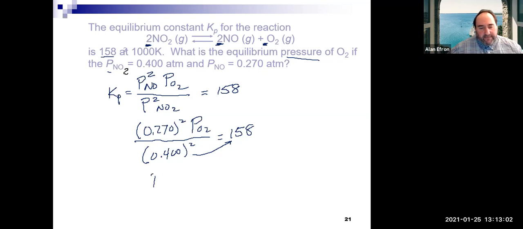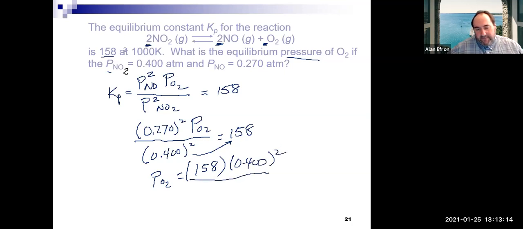So we will end up with the partial pressure of O2 equals 158 times 0.4 squared, then we need to divide it by 0.27 squared. Again, multiplying the bottom, dividing by the top to the other side. Do all that good stuff there. I think you end up with 347, and it would be atmospheres here.